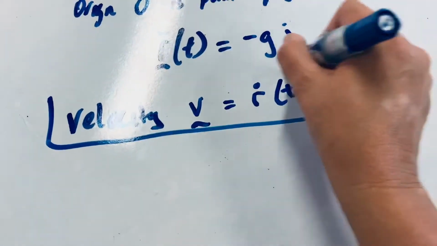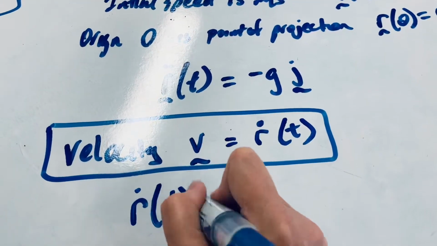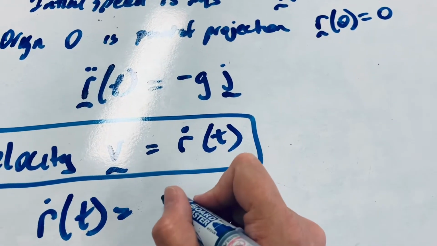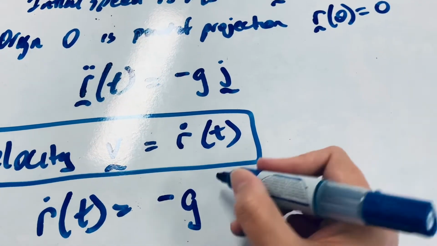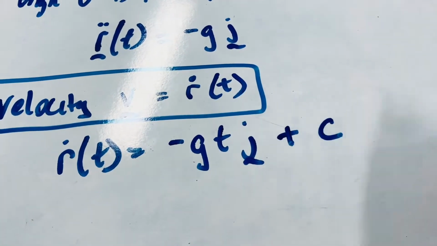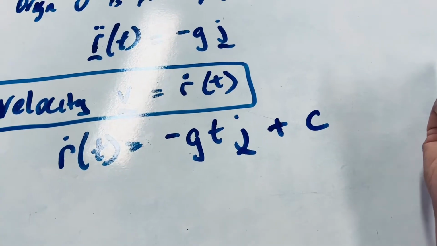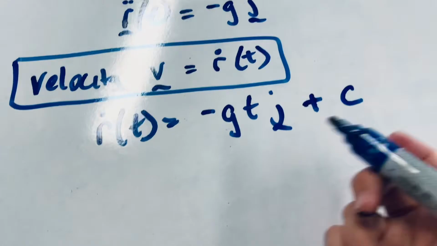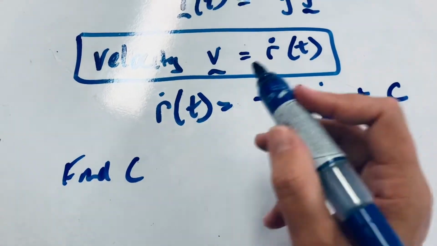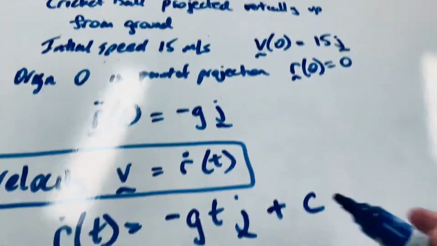So we need to integrate. Negative gj will become negative gtj plus c. Remember, integrating, we always need to account for that constant. But we can find c.